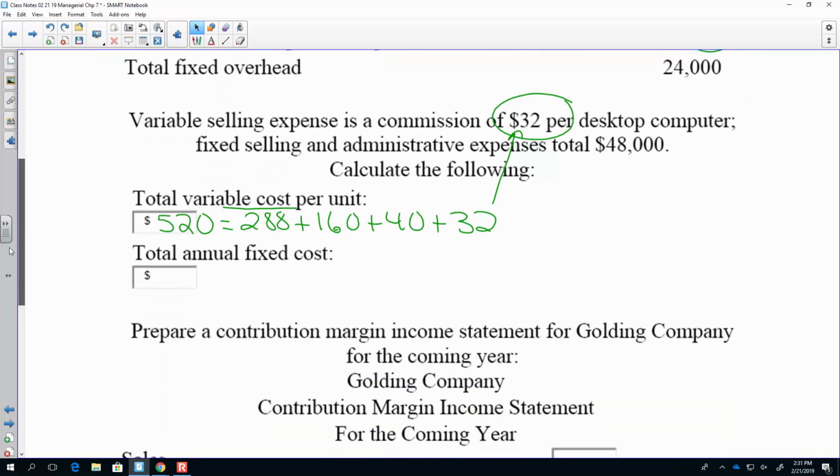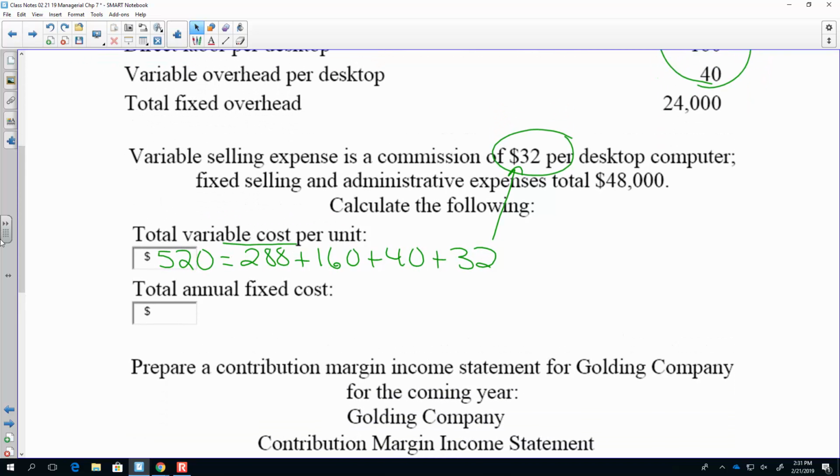Carla, thank you. Our total fixed cost is the same problem. Here's our manufacturing as a total. Here's our selling and admin as a total. And remember with these guys, these might also be per unit.